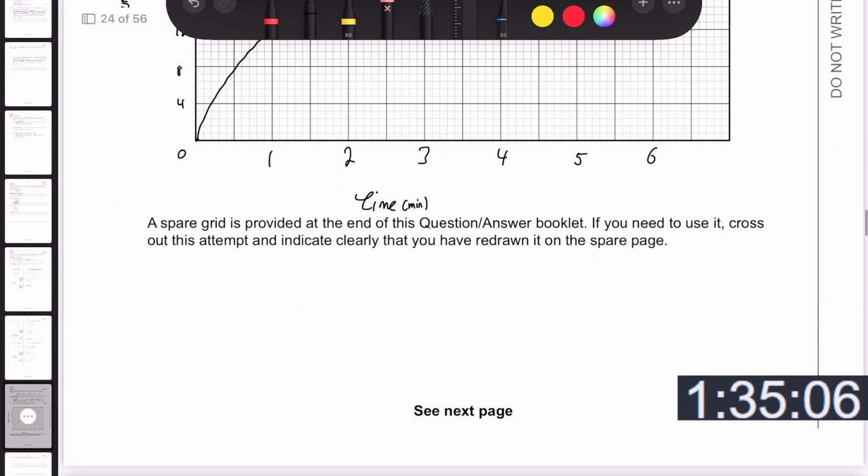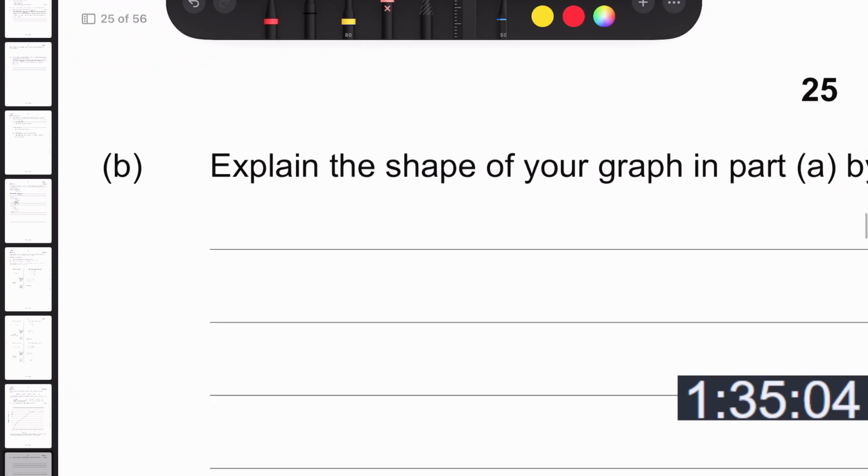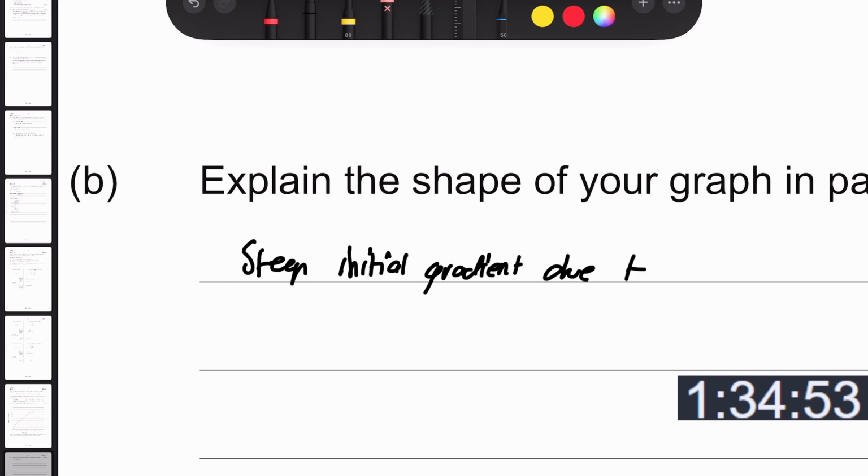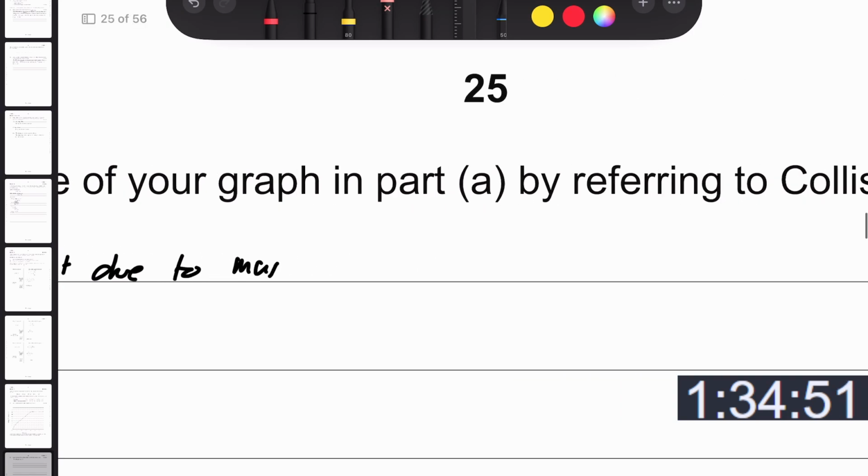So, I'm going to explain the shape of the graph in A. So, steep initial gradient due to max concentration of reactants.